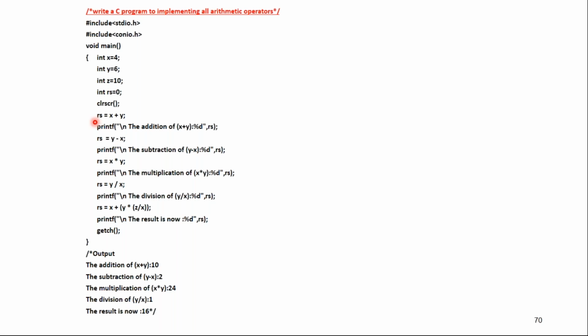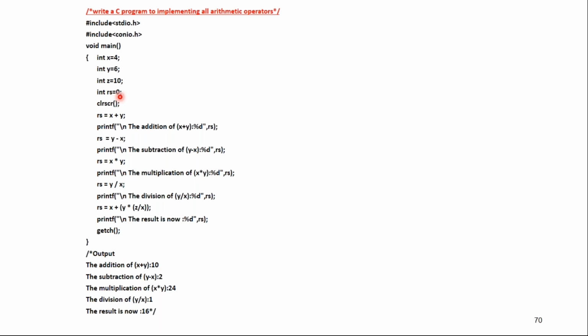You might wonder why we are initializing it with 0, why we are moving the value 0 into rs. If no value is present in rs, some garbage value will be stored in the variable. To avoid such things, we can move the value 0 to a variable.